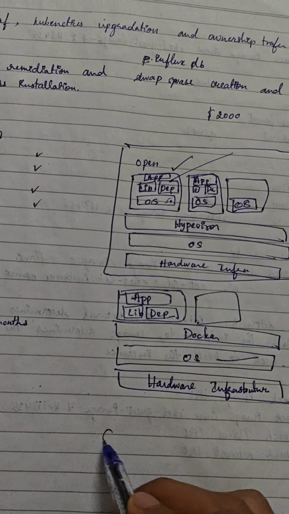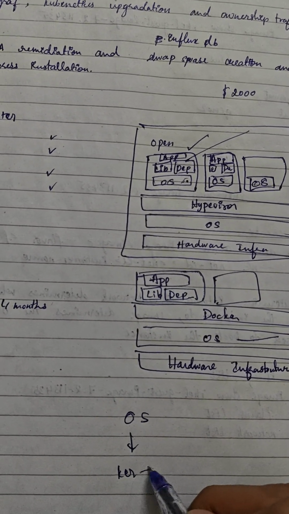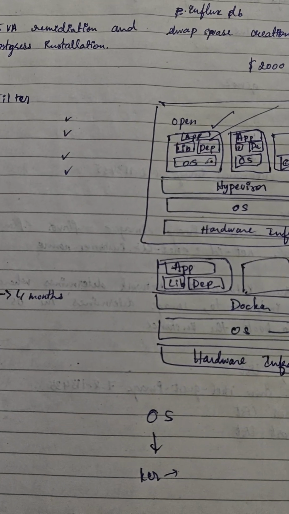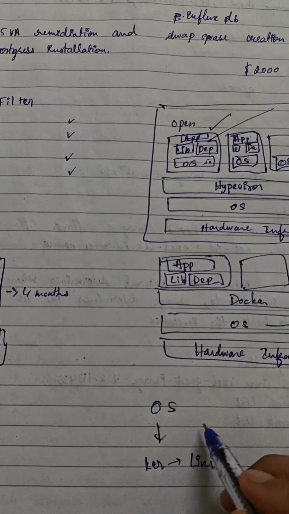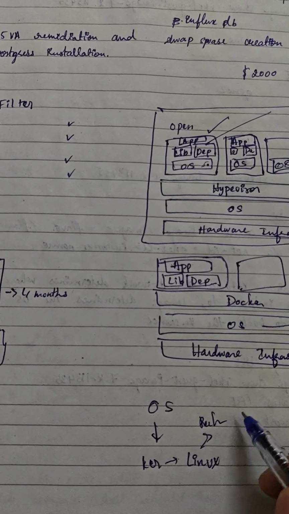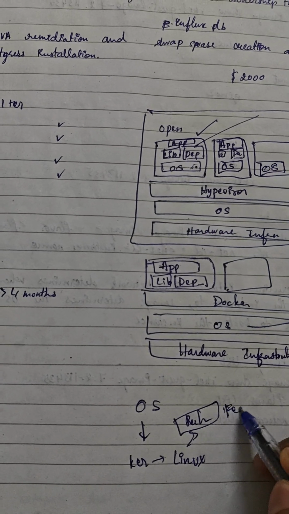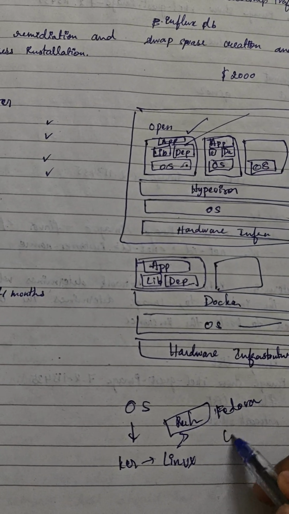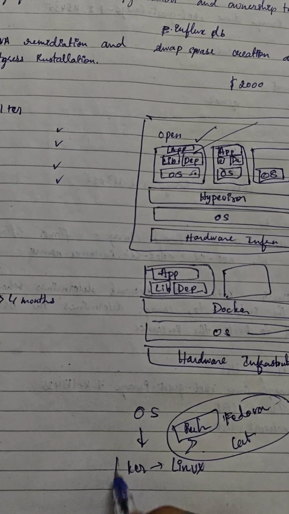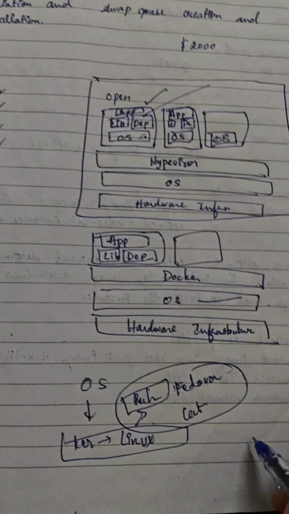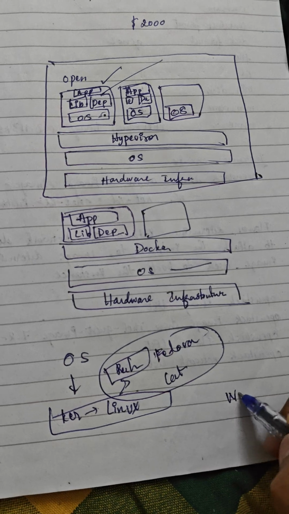In the OS there is a kernel, which supports Linux distributions like Red Hat RHEL, Fedora, CentOS. All of these have the underlying kernel which is Linux, and there are other underlying kernels like Windows.